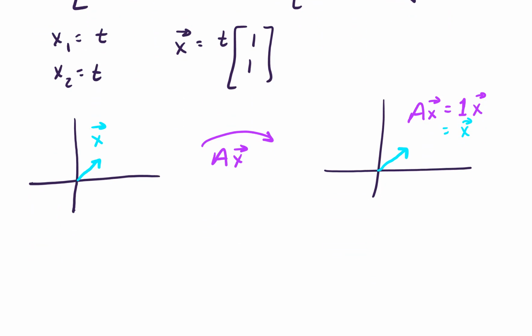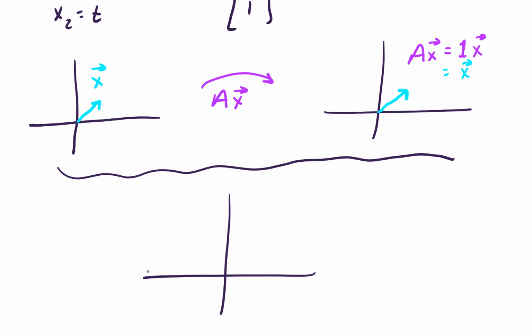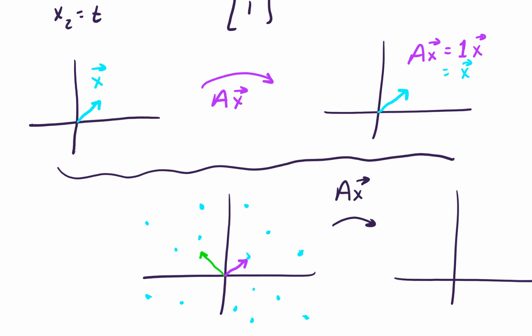Now, a bigger question: suppose we were interested in looking at many points, so suppose we have points all over the xy plane. We've got an eigenvector that sits in this direction, and a different eigenvector that sits in this direction. When we apply the transformation given by A, we know what happens in each of those directions.